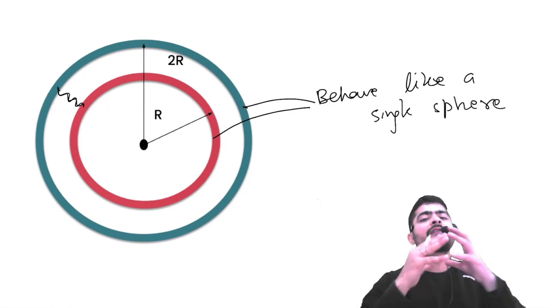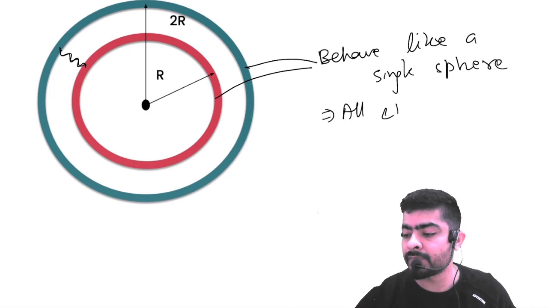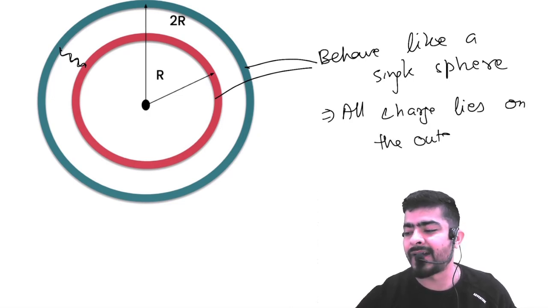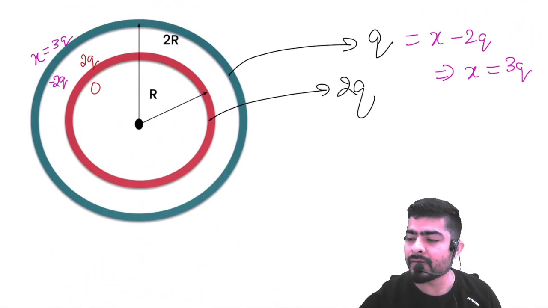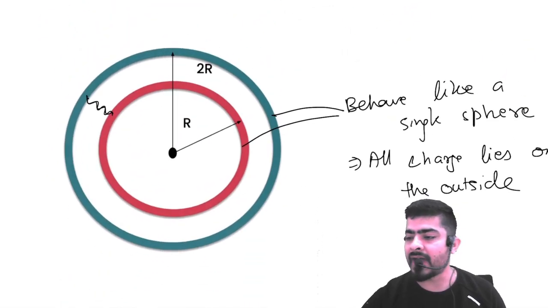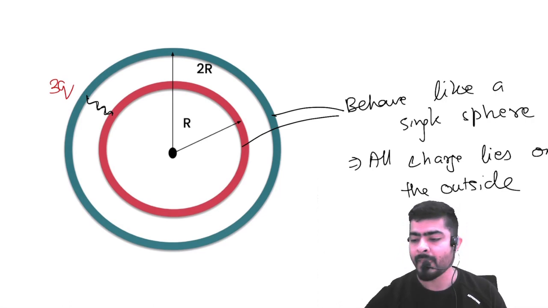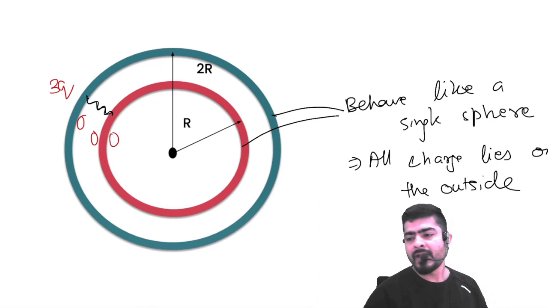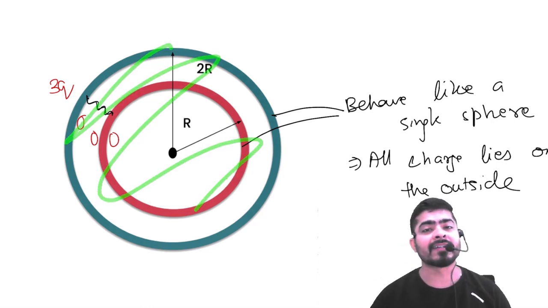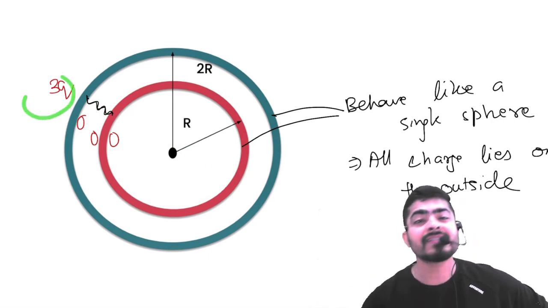In case of a sphere or a single conductor, all charge lies on the outside. What is the total charge that we have? 3q. So the outer surface will acquire the entire charge 3q. This will be 0, this will be 0, this will be 0. That's it. Because this is a single conductor, there cannot be any charge inside the conductor. Alright. All the charge is outside.